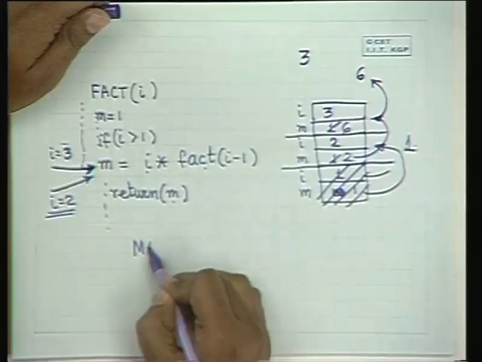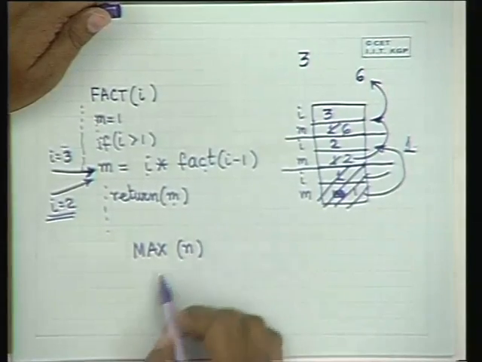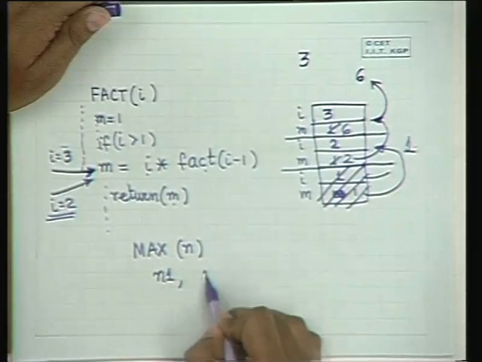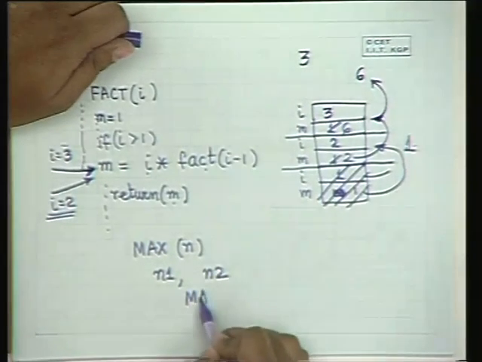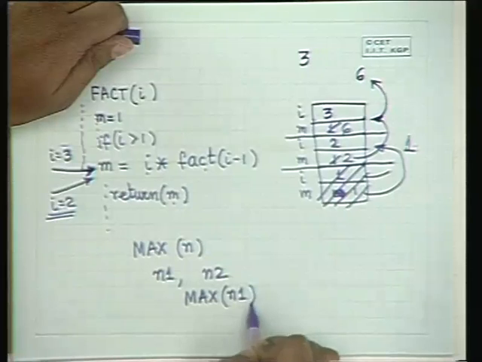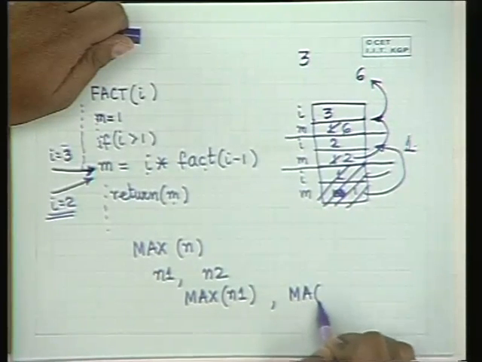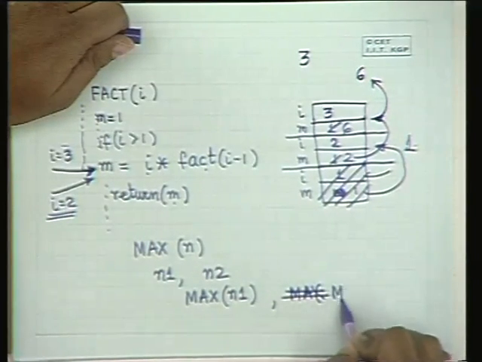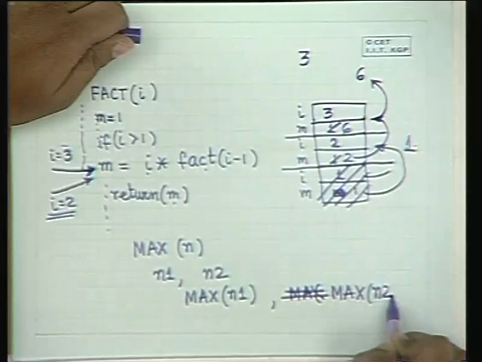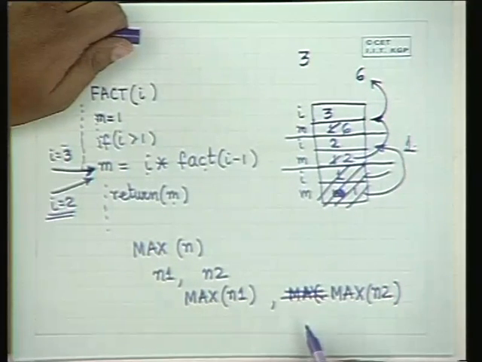As we said, even that minimum of n numbers, you can divide it into two parts by splitting the set of numbers that you are supposed to read into, say, two parts, and then recursively solving one part and recursively solving the other part. That is, if you are asked to solve the maximum of n numbers, you can split it up into two parts of n1 and n2 numbers, and then compute recursively the maximum of the first n1 numbers, the maximum of the next n2 numbers, and then find out the larger of the two.